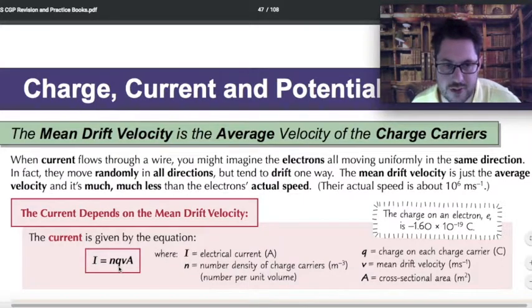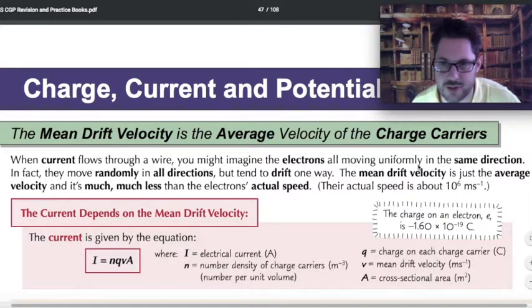Q is the charge of the charge carrier, so if it's in a circuit, it's going to be an electron charge, which is 1.6 times 10 to the minus 19 coulombs. V is what's known as the drift velocity, and A is the cross-sectional area of the wire.